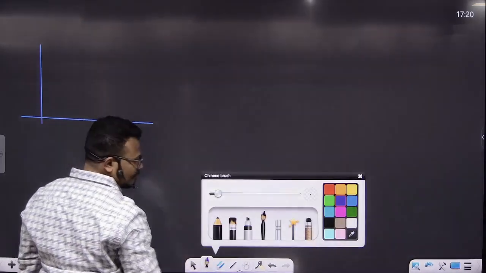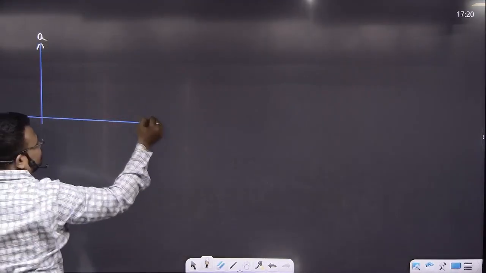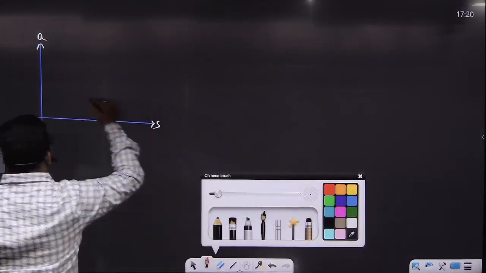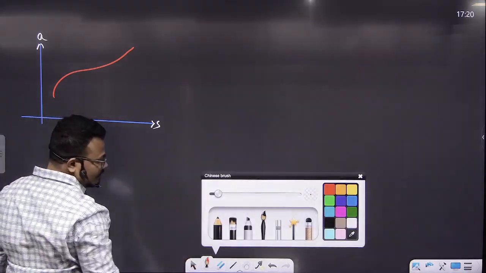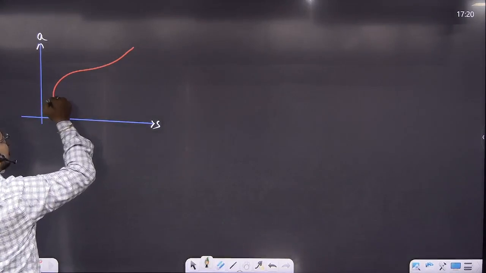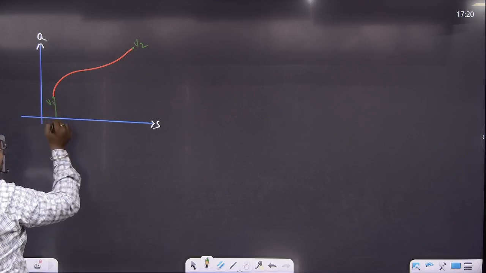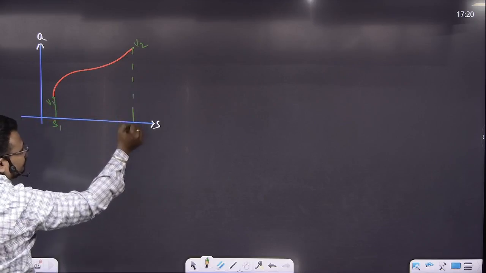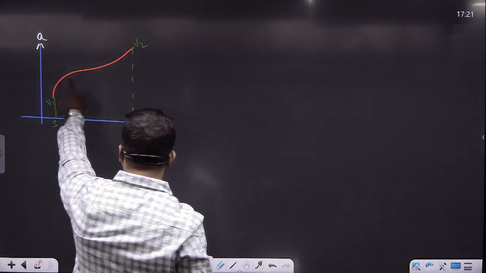In the a-s graph, I have taken a particle that has moved from a point where velocity was v1 to a point where velocity is v2. It is at some s1 here and at s2 here.